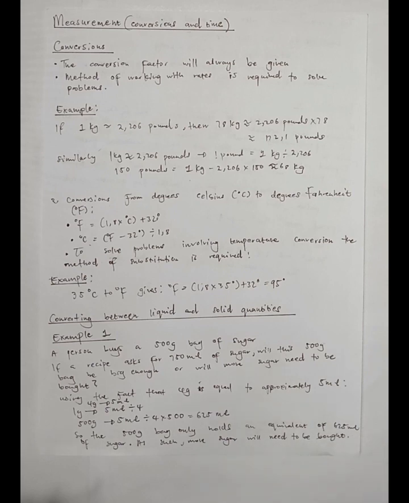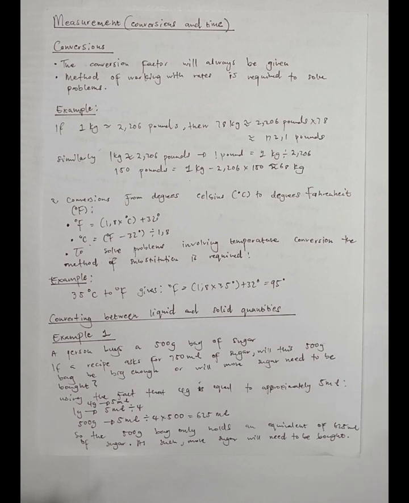And then similarly, 1 kg is equivalent to 2.206 pounds, which means 1 pound is equal to 1 kg divided by 2.206. 150 pounds is equal to 1 kg divided by 2.206 times 150, which is equivalent to 68 kg. Make sure you understand that. Take some time. If you don't understand, rewind.